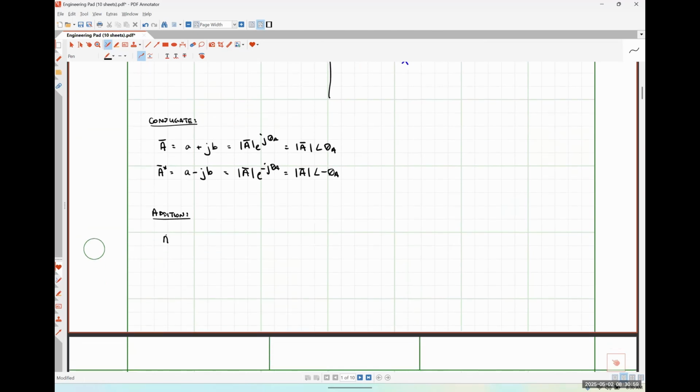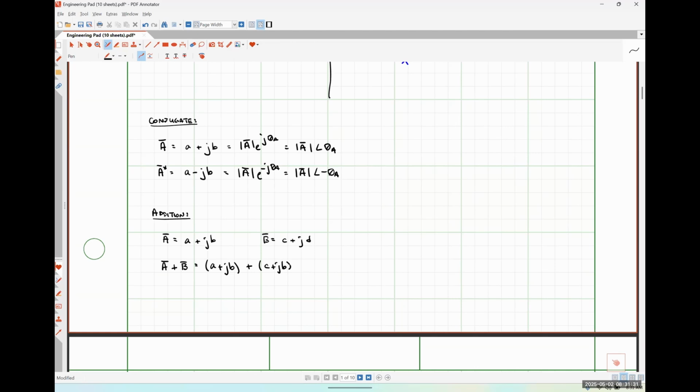So let's say that I have complex number A equal to a plus jb, and complex number B equal to c plus jd. If I want to perform the mathematical operation of complex number A plus complex number B, I would just have complex number A substituted in here plus complex number B substituted in here.